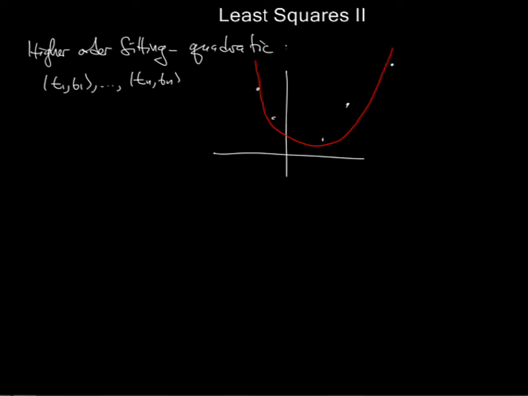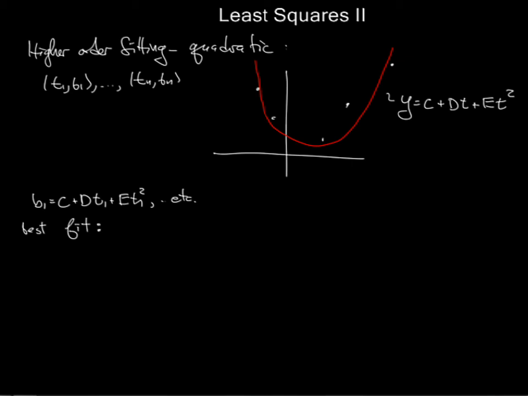I could try and find the best parabola to fit. And how does that work? Well, a parabola is given by a quadratic, c plus dt plus et squared, and I want to find c, d, and e now. So before c and d were in R2, and now c, d, and e are going to be in R3. That's the difference.